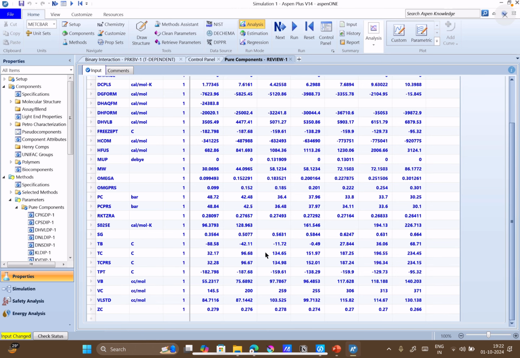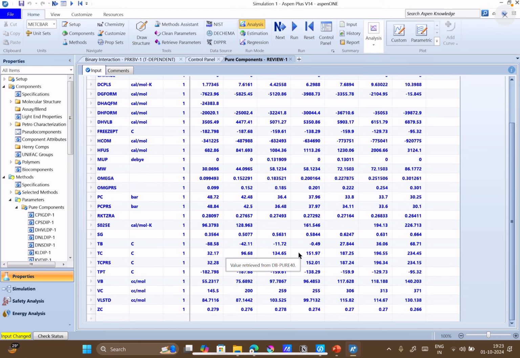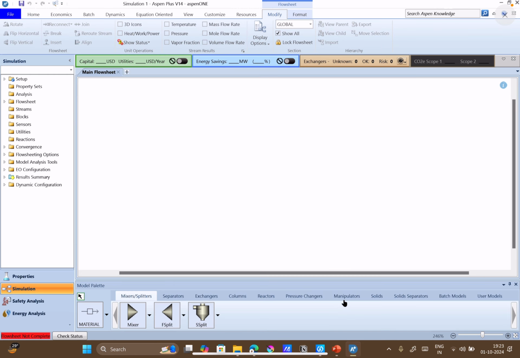For component NC4, yeah, same is happening. This is the lightest component, and the boiling point is increasing with the number of carbons present in the hydrocarbon. Okay, now let's go to the simulation part and simulate our process.